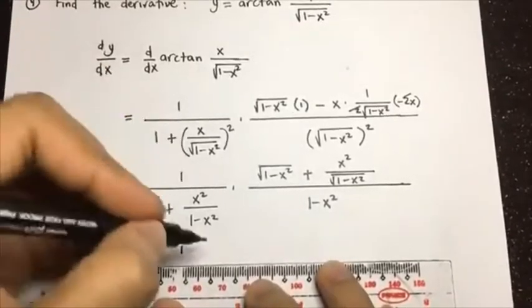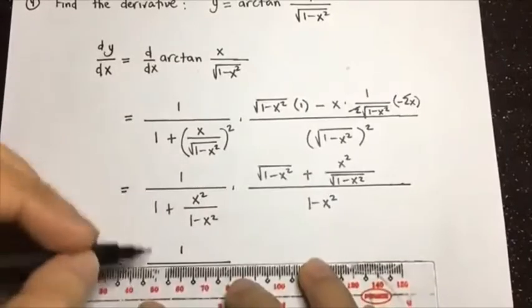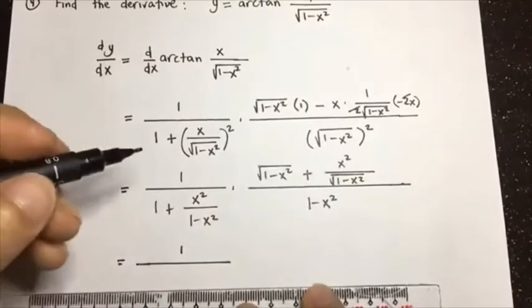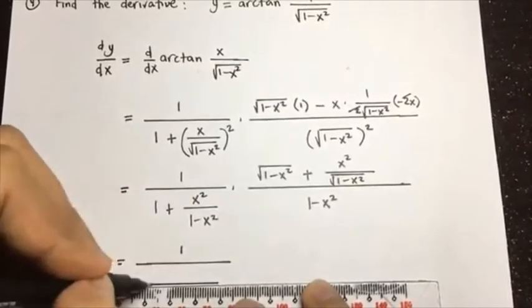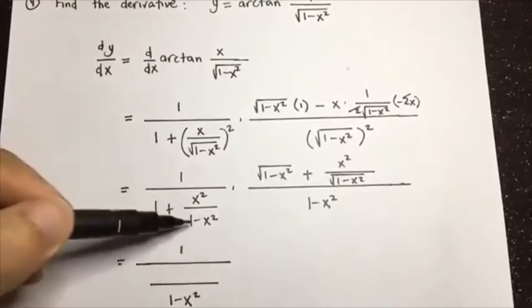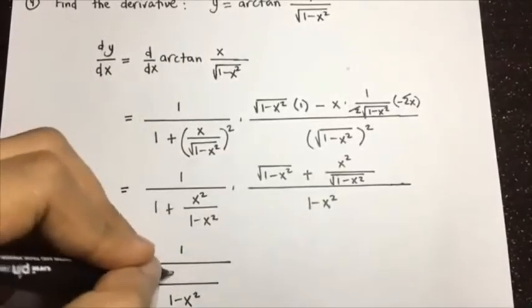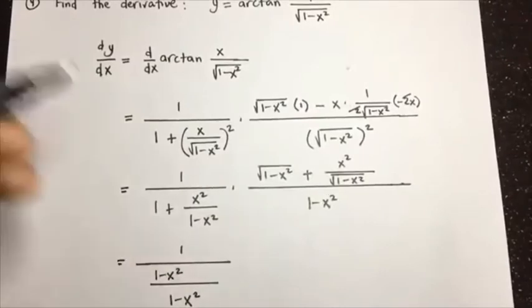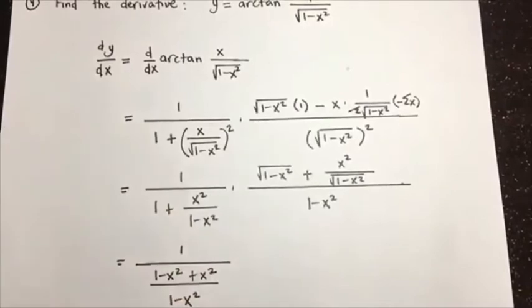adding these two, the least common denominator is 1 minus x squared, so 1 minus x squared divided by 1 times 1, so that is 1 minus x squared, and then plus x squared.